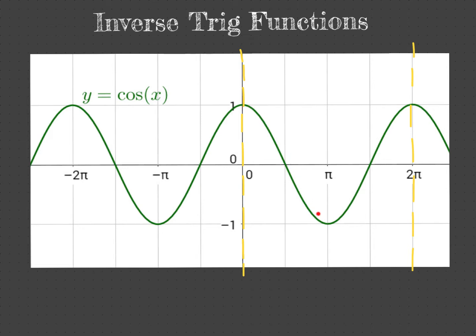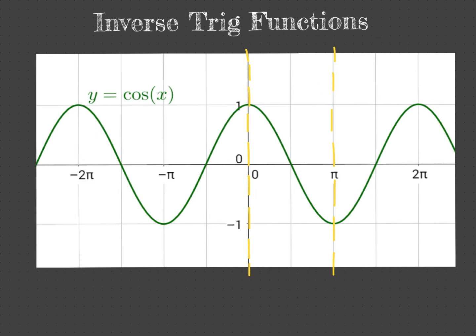So while this is a function, its inverse is not a function. It's not a one-to-one function. But we want to create an inverse cosine function. So it looks like we'll have to squeeze these two lines a little bit closer together so that we take only the snippet of the cosine graph that will pass the horizontal line test. Can you see where we'd have to move this yellow dotted line?